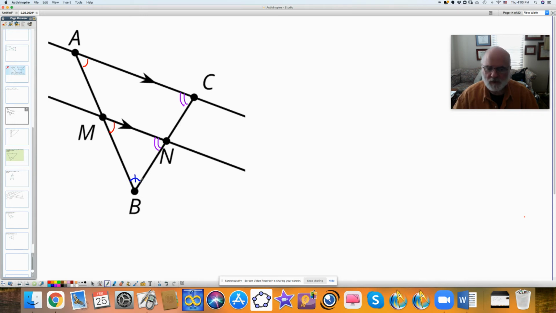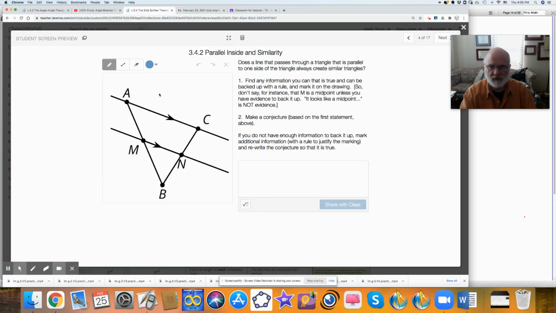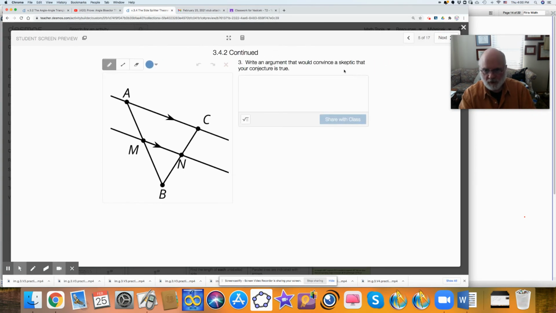So this angle is congruent to this angle in both the large triangle and the small triangle. In any case, by the angle-angle similarity theorem, when I know that I'm going to have two angles that are congruent at all times, then I will know that I will always have similar triangles. And this was what I was trying to get out of students in this lesson at this point, to write the conjecture, to justify it to a skeptic.